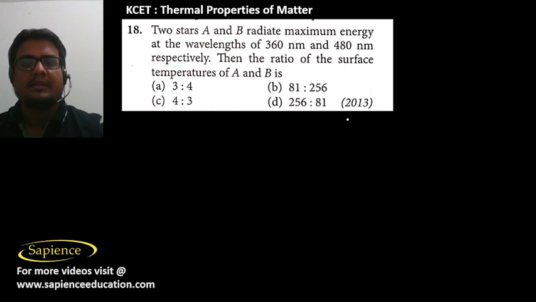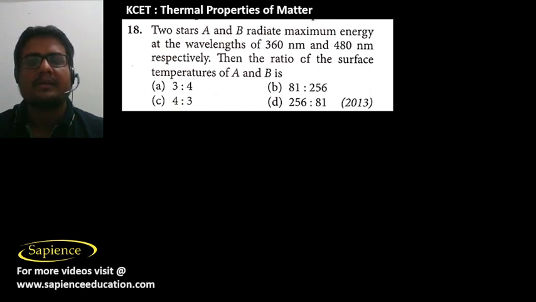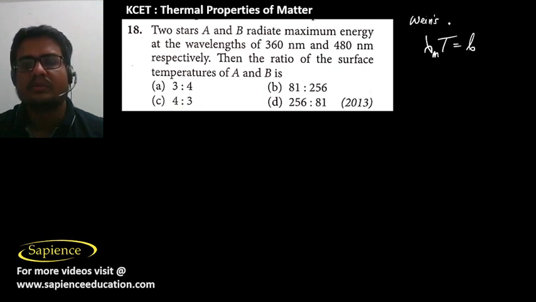Then, two stars A and B radiate maximum energy at the wavelengths of 360 nanometer and 480 nanometer respectively. Then the ratio of the surface temperatures is, so lambda m into T is equal to B. It is called the Wien's displacement law. So here we have to use the Wien's displacement law.